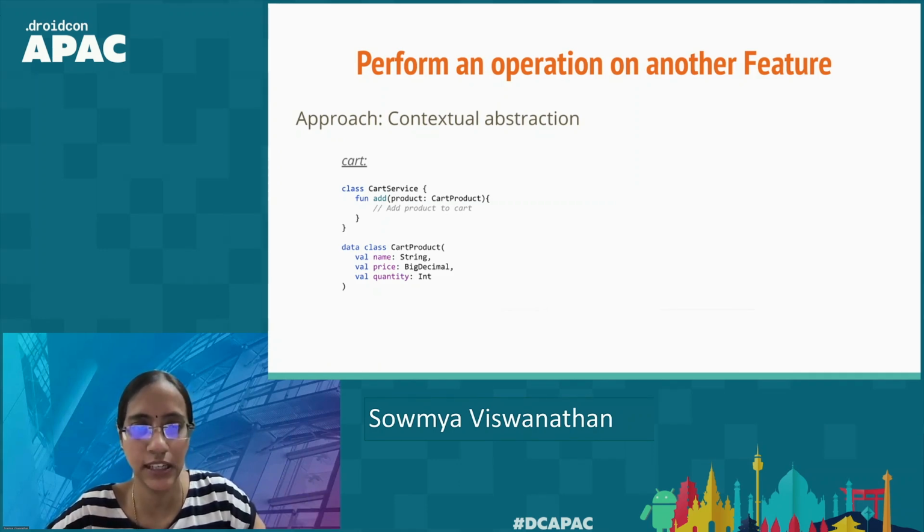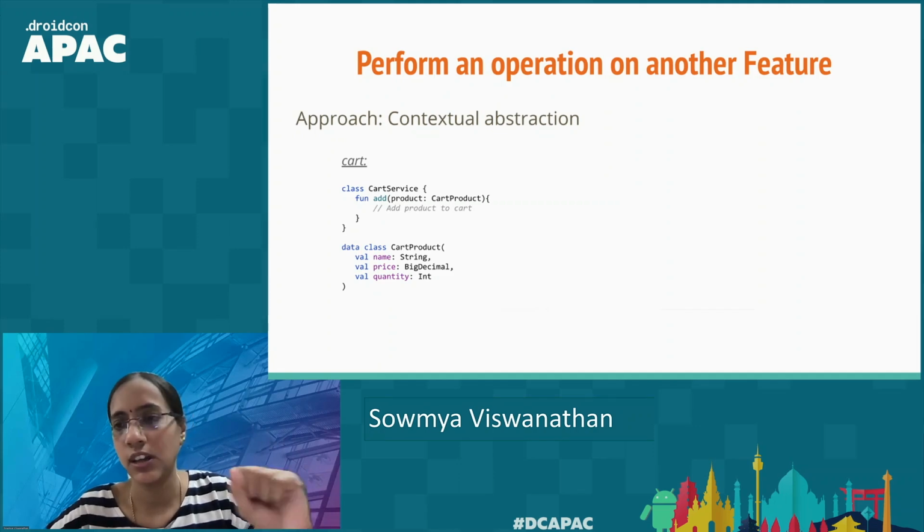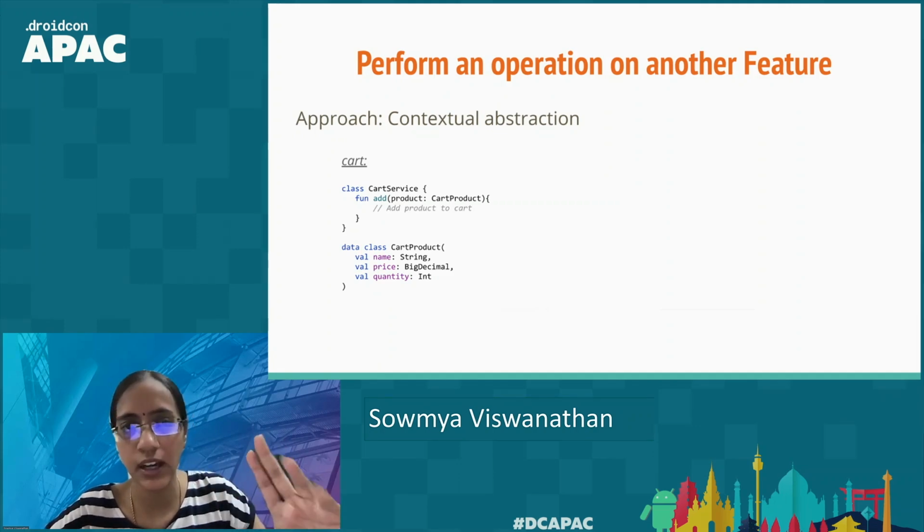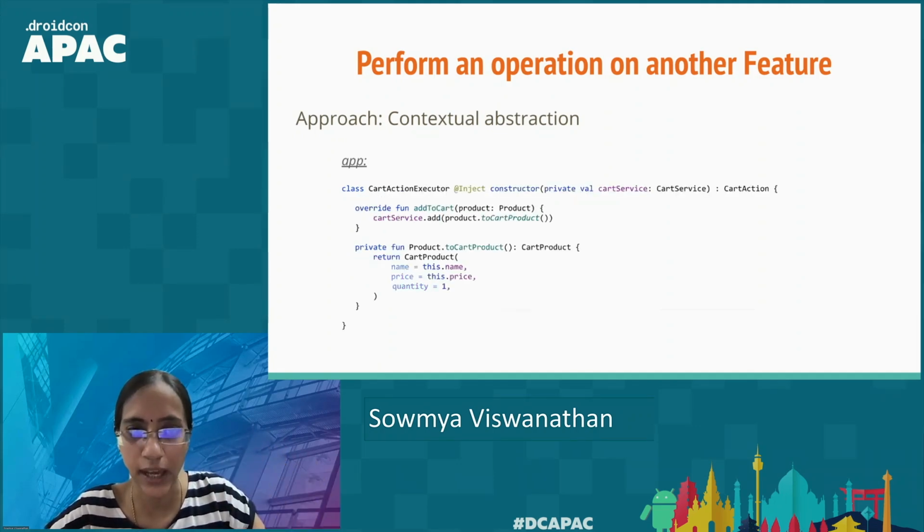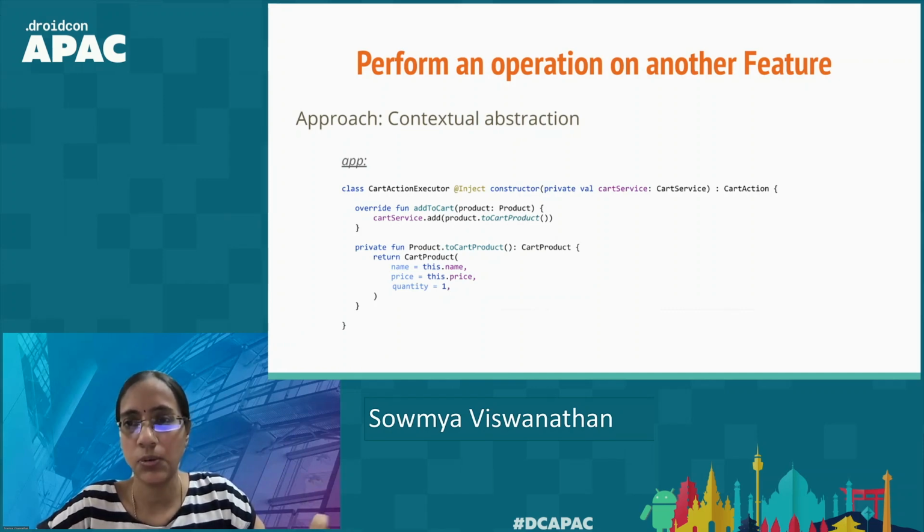So it takes in the name, price, and quantity. Now, to orchestrate the whole thing, again we take advantage of the app module, where it provides an implementation for the cart action, does the transformation from product to cart product and delegates it to the cart service. So we see that the contextual abstraction can be applied to actions as well, as we had done for the navigation.